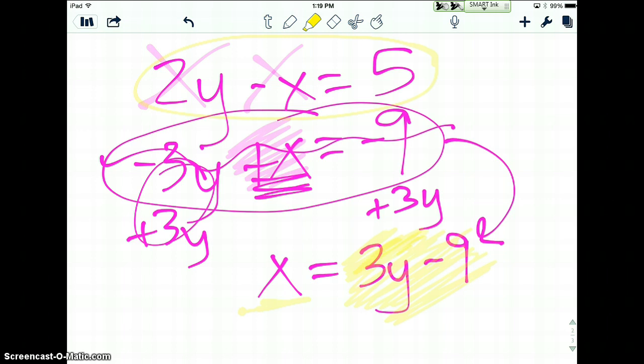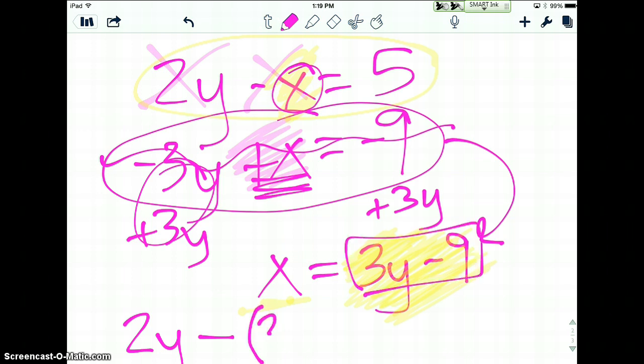So I'm going to sub it in for x in this equation. So right here, I'm going to rewrite this as 2y minus, and instead of writing x, I'm going to write the quantity of 3y minus 9, because that's now representing our x. And that's going to equal 5.